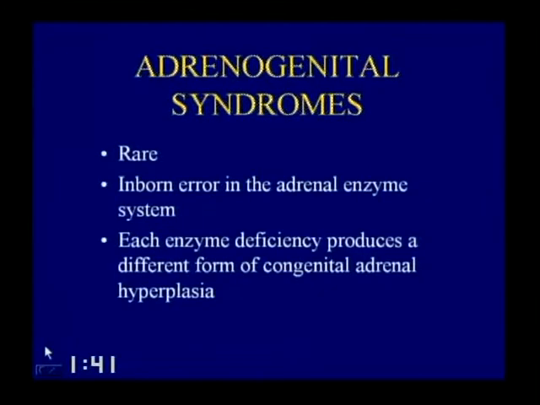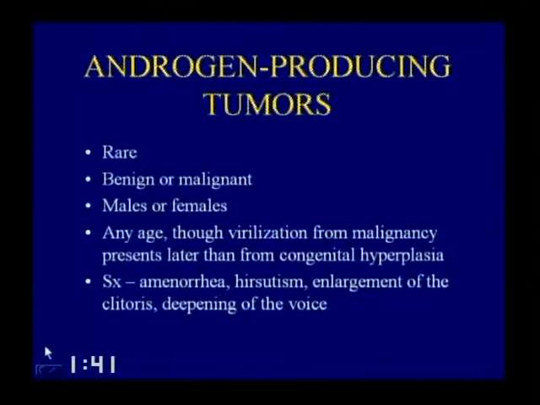They're due to inborn errors in the adrenal enzyme system, with each enzyme deficiency producing a different form of congenital adrenal hyperplasia. They all show a hyperplasia pattern. You can have androgen-producing tumors that will result in virilization.